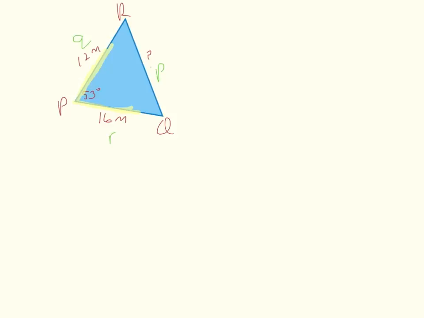So the cosine rule, as it would be given on your exam paper, is a squared equals b squared plus c squared take away 2bc cos A, where you're given the angle. However, we can see here that the angle is at P, so it's not going to be cos A, it's going to be cos P, and we would substitute this P here as well.